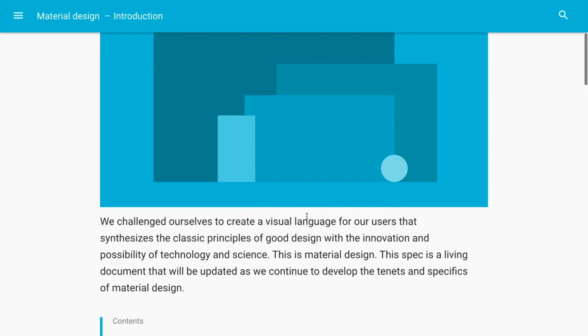They created a visual language based on the metaphor of paper and ink. They went into great detail experimenting with paper and filming paper, to understand how shadows are cast and all of the properties that paper and ink have. They tried to summarize them and make them digital.